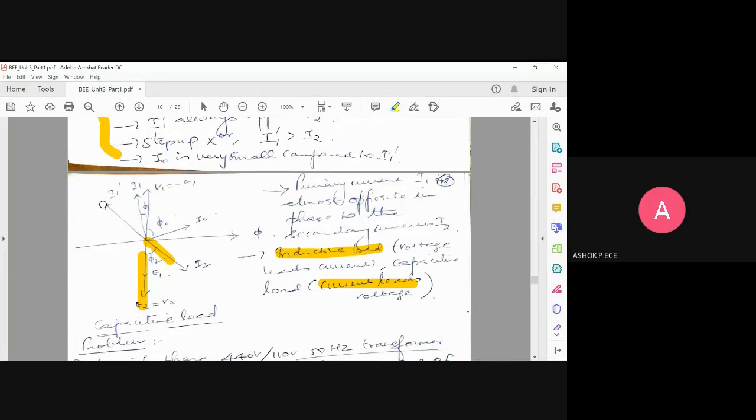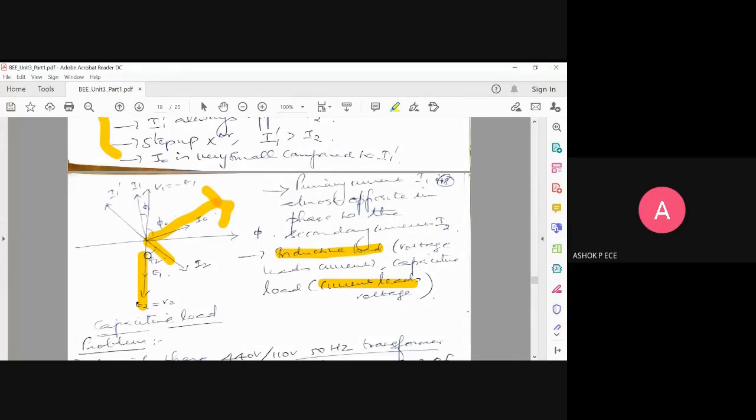Once you draw I2 and I1 dash, I0 will always be constant, always in the first quadrant only. The resultant of I1 dash and I0 is going to be I1, along this direction with the phase angle of phi 1. I1 will have an angle of phi 1 with respect to V1, I0 will have an angle of phi 0 with respect to V1, and I2 will have an angle of phi 2 with respect to V2. All these angles you have to mark only with respect to the voltages and not with respect to any reference point.